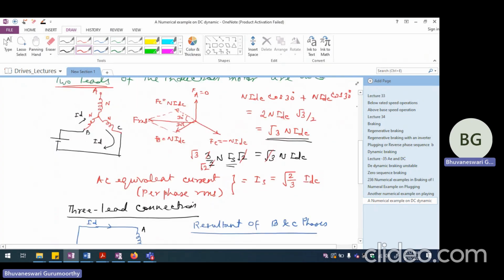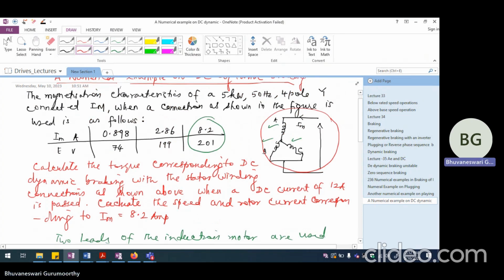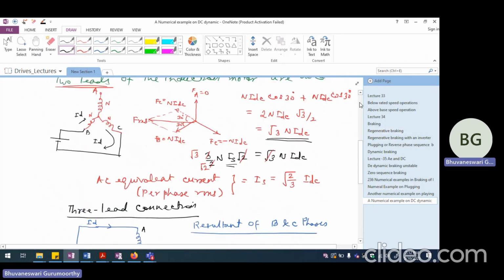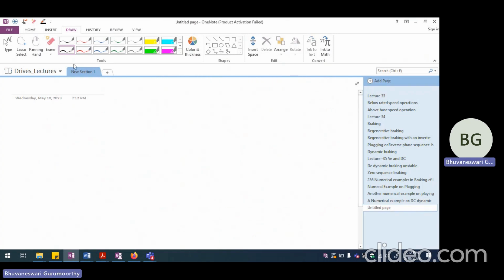So coming back to the problem, it basically tells that 12 ampere of current is being injected during DC dynamic braking. So first of all, let us try to work out the equivalent AC current per phase, which should be 12 divided by root 2.